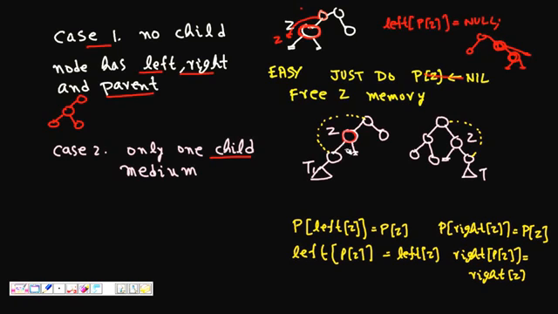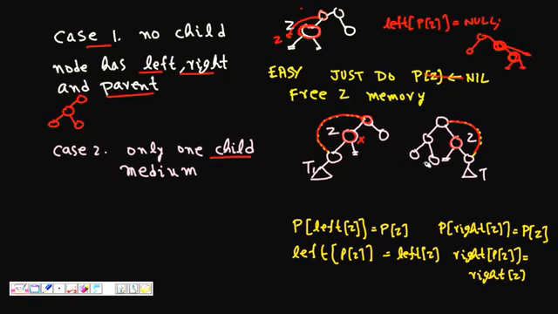Then we can just make the parent's left child the root of Z's left subtree. I will make a connection like this and remove Z. If Z is the right child of its parent, again I will make the parent's right child equal to the root of its right subtree. So these are the cases.